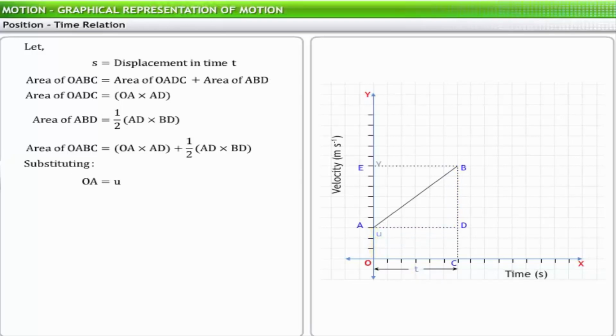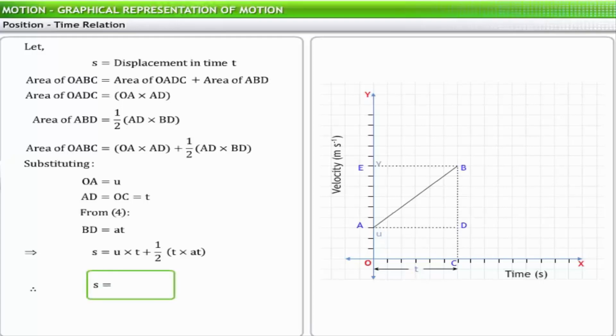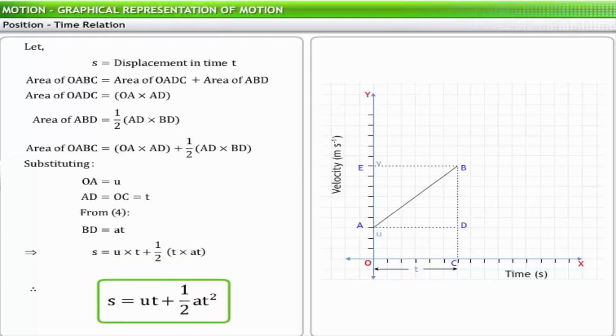Substituting OA is equal to U, AD is equal to OC is equal to T, and BD is equal to AT, we get S is equal to U multiplied by T plus half of T multiplied by AT. Therefore, S is equal to UT plus half AT square.